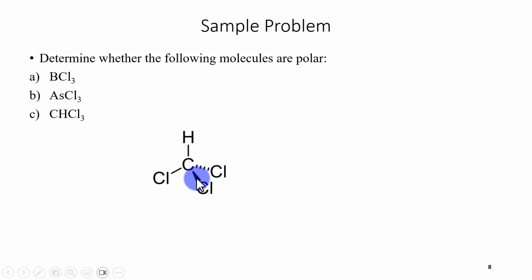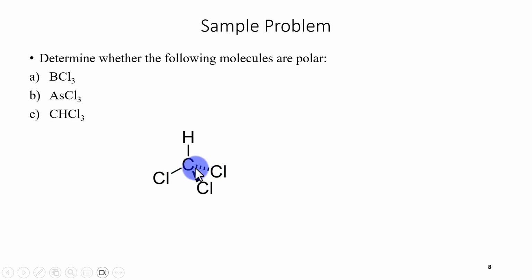Now, don't worry about the wedge and the dash. This just means that this bond here is pointing away from me, and this is pointing towards me in three-dimensional space. But this is what it would look like. I would have the chlorines bonded to the carbon and the hydrogen bonded to the carbon. Now, the shape of this molecule would be tetrahedral because I have 4 electron groups around the central carbon: 1, 2, 3, 4.